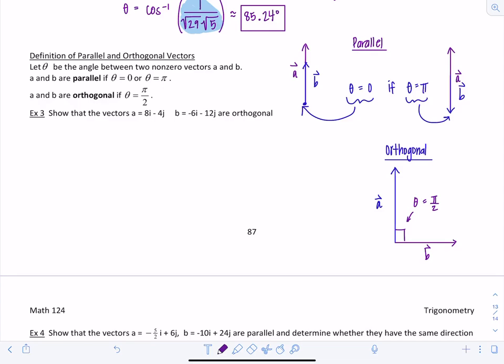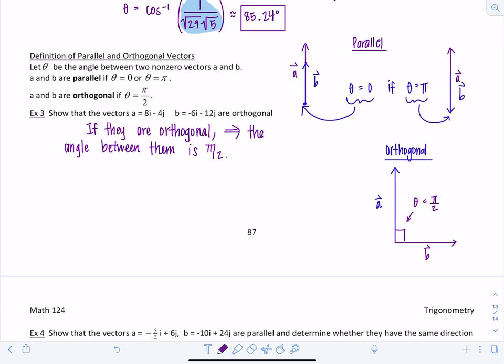Okay, so show that the following 2 vectors, A and B, are orthogonal. Okay, if they are orthogonal, this means the angle between them is equal to pi over 2, right? Or 90 degrees.